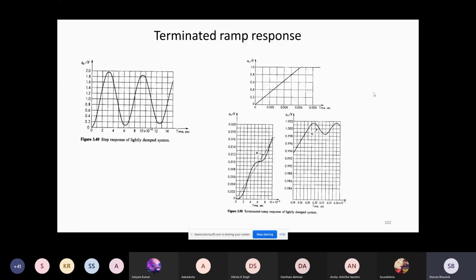But if you give a terminated ramp and then the steady state, it will easily follow the input. When the ramp is there, it follows the ramp with a small error, oscillating up and down. When the step comes, it also follows the steady state with very small oscillation, and that can be made even smaller if omega n is much larger.